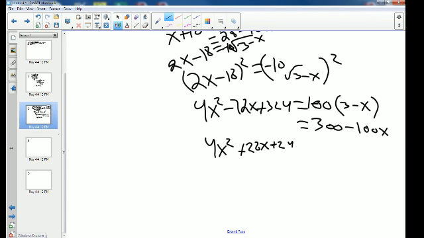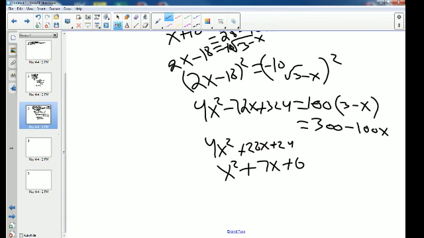Okay. You now have 4x squared plus 28x plus 24. From here, you just want to solve for x. And the easiest way to do that is factor out a 4, because all are divisible by 4. So you reduce this equation to x squared plus 7x plus 6, which is much easier to deal with than 4x squared plus 28x plus 24. So whenever doing these problems, see if you can factor out something.